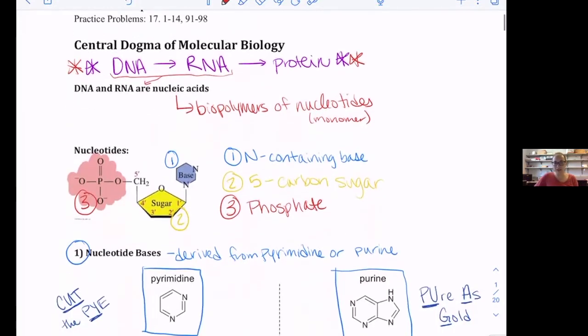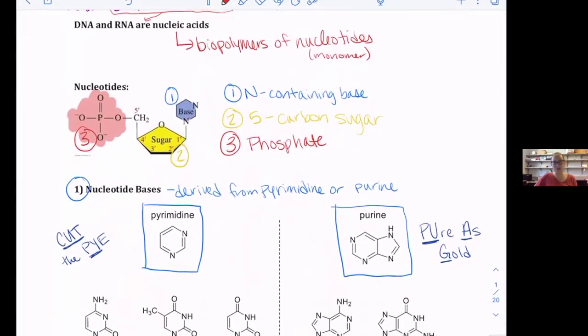So let's go ahead and get into the basic structure of nucleotides. Our monomer of nucleic acids are nucleotides. They have three components to them. In blue, you'll see our nitrogen-containing base. It typically has this ish structure, but you'll see exactly what they are below.